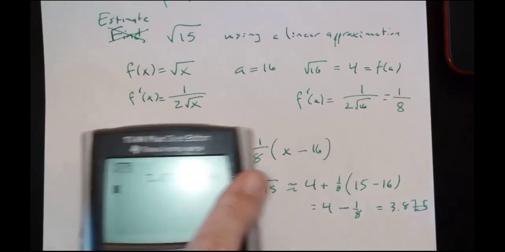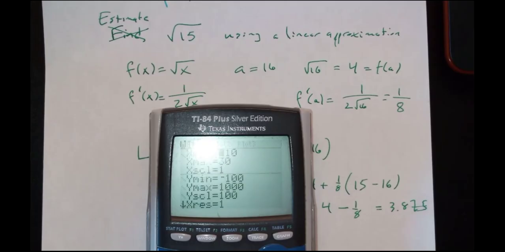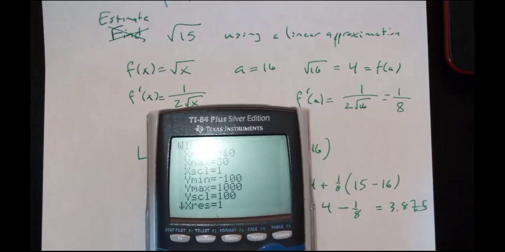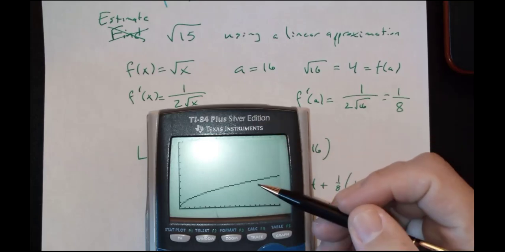If I look at the graph of the square root of x, I'm looking at what's going on near 15, right? That's here.